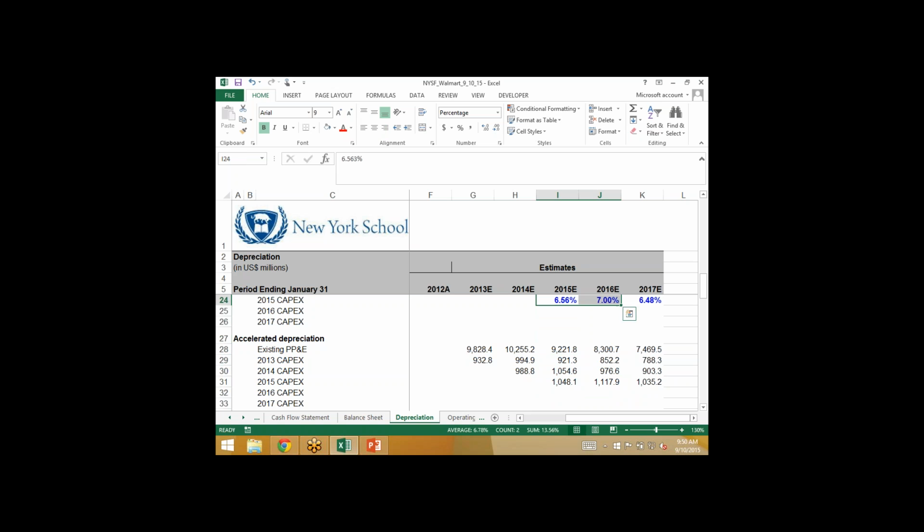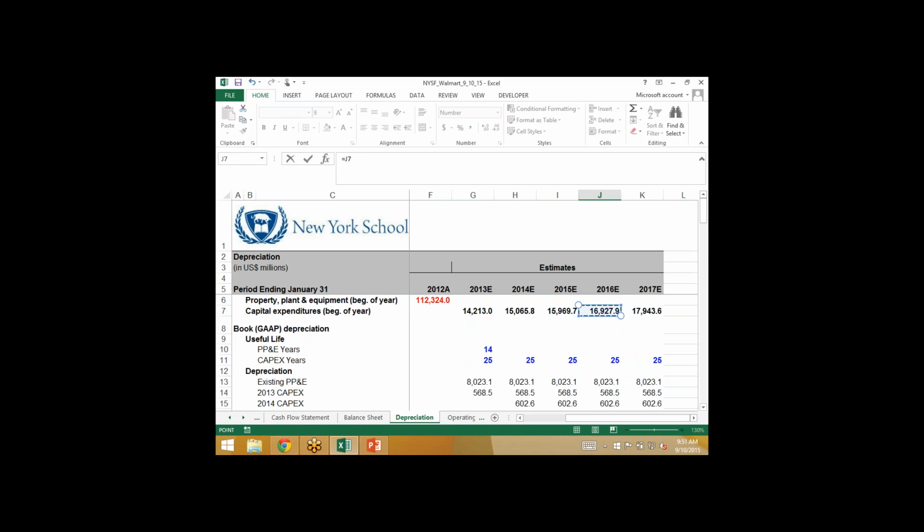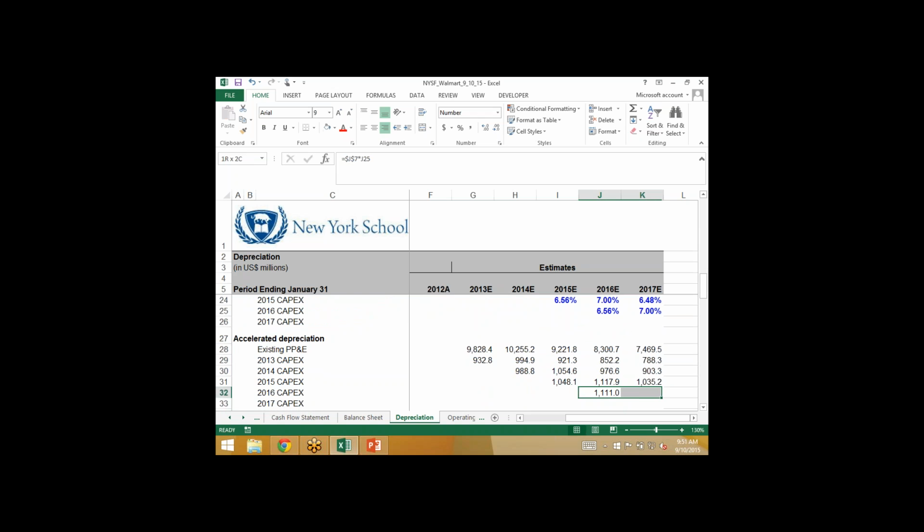And the same in 2016. We've got 2 more years of depreciation. Multiply by the 16 billion, anchor that, times the 6.56, copy to the right.